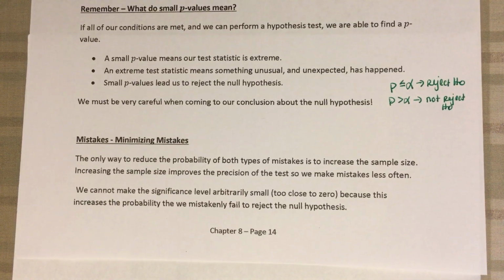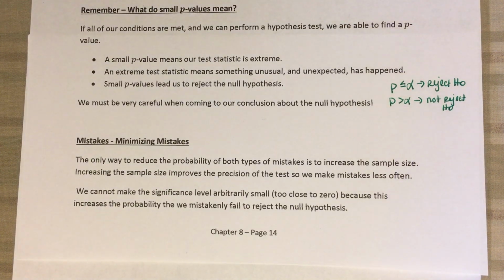All right, so down at the bottom of this page, minimizing mistakes. As we're going through and doing these problems, there are possibilities of making mistakes. The only way to reduce the probability of making both types of mistakes is to increase our sample size, because increasing our sample size improves the precision of the test, so we make mistakes less often.